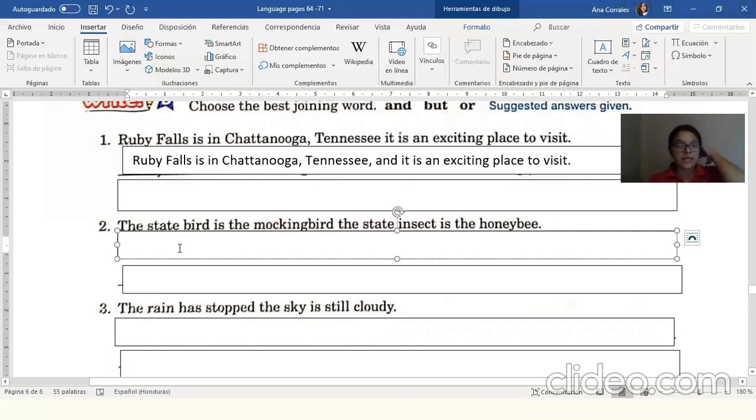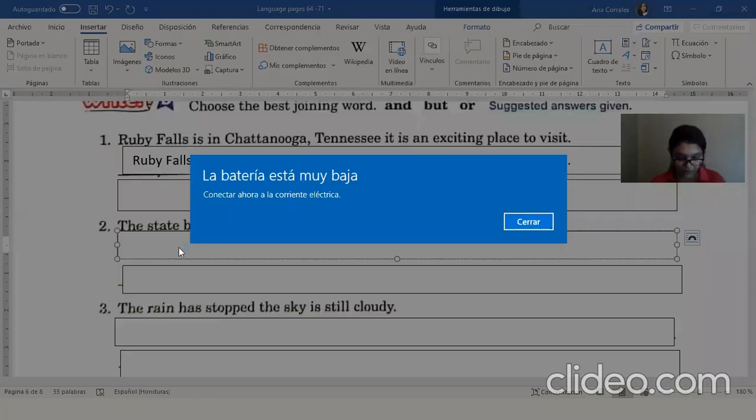The state bird is the mockingbird. The state insect is the honeybee. Dice que el ave nacional es el mockingbird. Y el insecto nacional es la abeja, el abejorro.